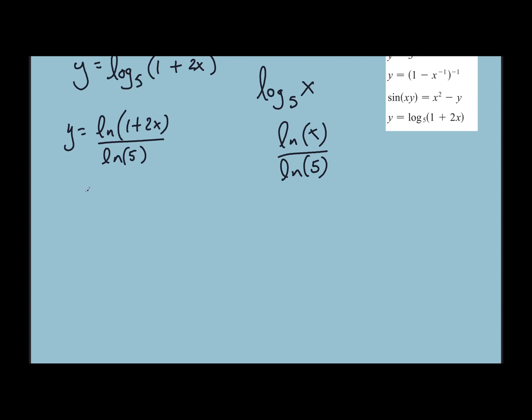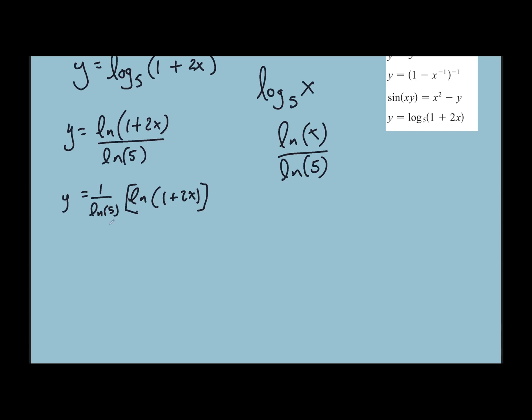But it might be easier to write it as just 1 over ln of 5 and then take it out of this and think of this as its own separate derivative to do, ln of 1 plus 2x, because that will still work. So we only really need to take the derivative of the function of x itself. The scale can just come out.